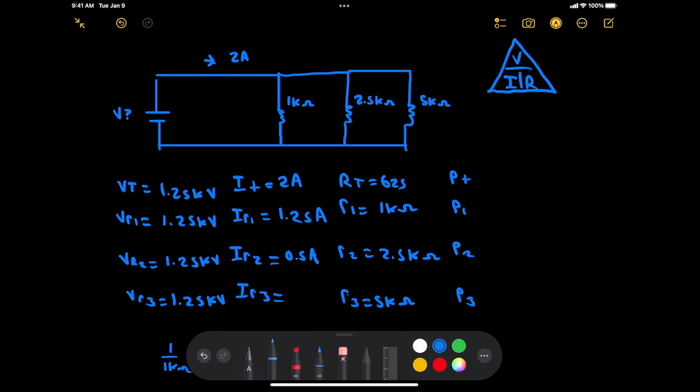And 1.25k volts divided by 5k ohms equals 0.25 amps. And this just all adds up to IT, so we know that's right.